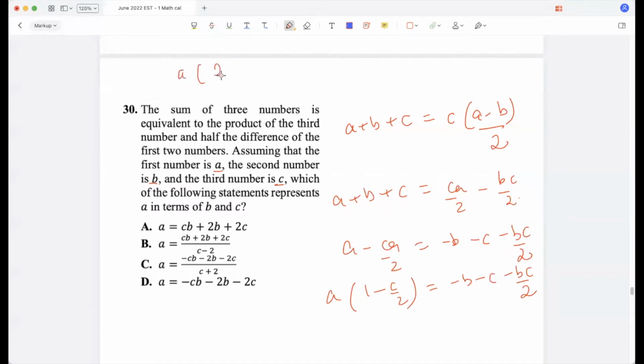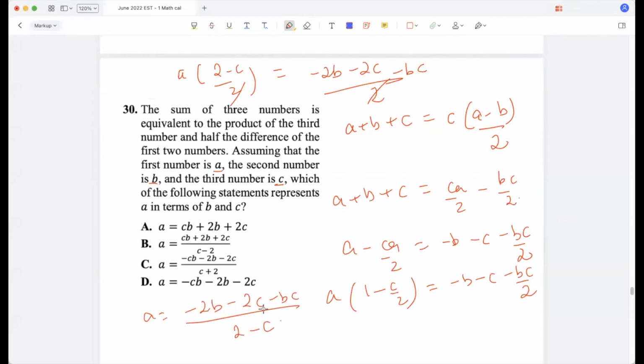A into 2 minus C by 2 is minus 2B minus 2C minus BC by 2. This cancels. So A will be minus 2B minus 2C minus BC by 2 minus C. So if we do everything positive, 2B plus 2C plus BC by C minus 2.